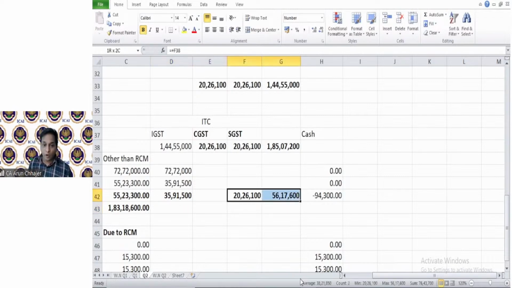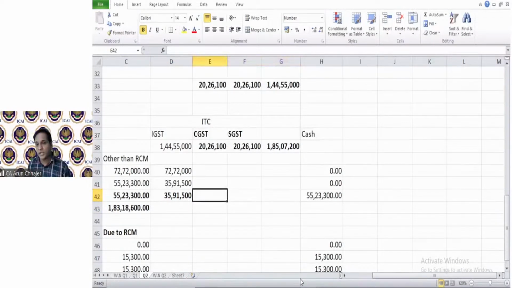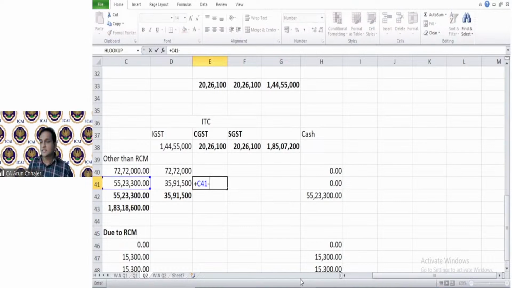Let's try. Now, C also needs some amount, S also needs some amount. How much do they need? Sir, this is the liability. You have paid from IGST. So this much, 19 lakh, would be required, which can be taken from C, obviously. And the total liability of S is 55.23300.